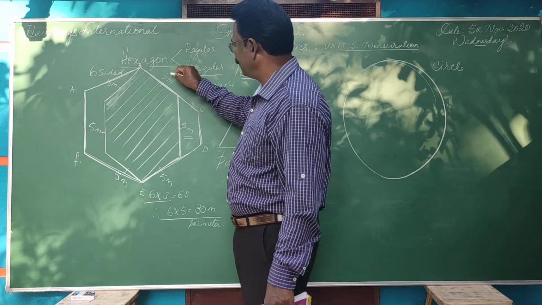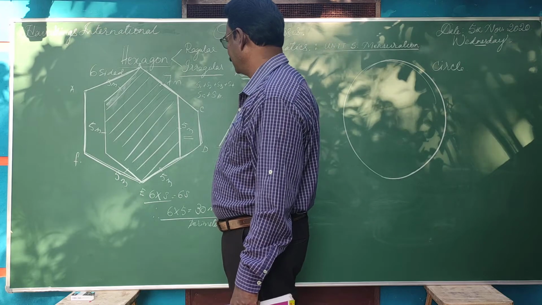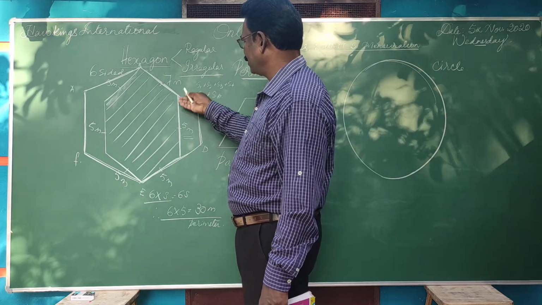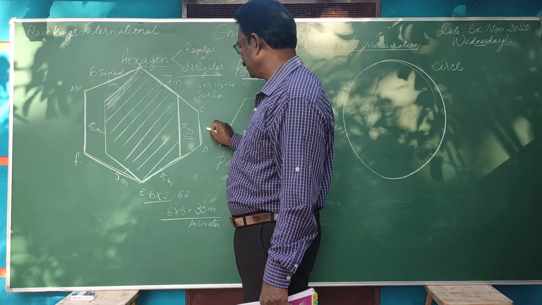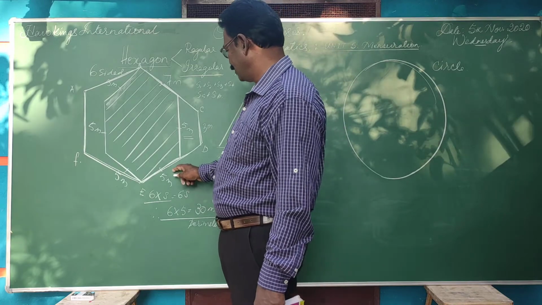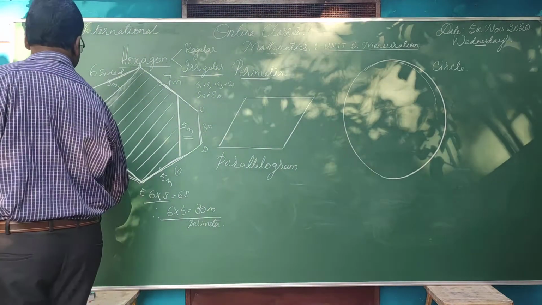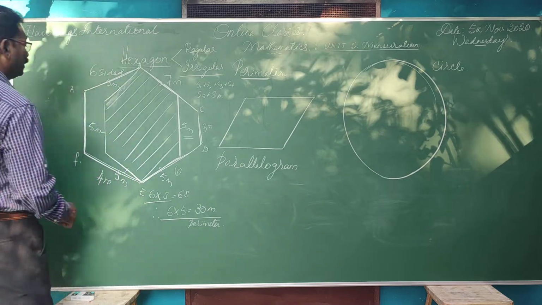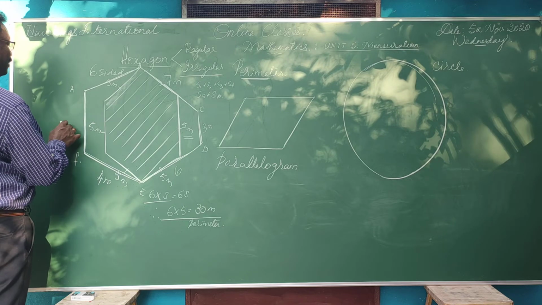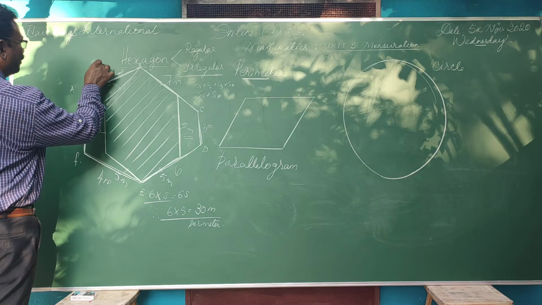For example, this may be 5 meters, it may be 7 meters, and this will be 3 meters, and this will be again 6 meters, and this will be 4 meters, and this will be a little bit bigger, 5 meters itself, and this also may be 5 meters suppose.